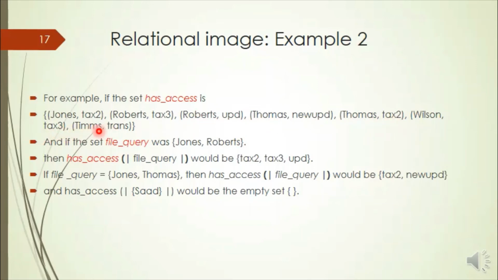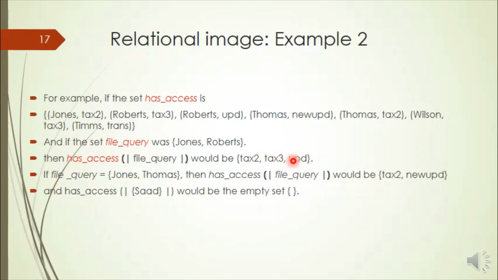Now we need to search the files associated with Robert. So Robert has access to 2 files. Robert has access to file text3, and it would be in the output set. And Robert also has access to file update, and it would also be a member of our output set.